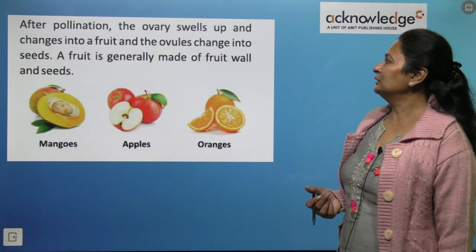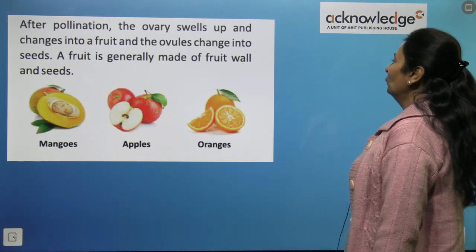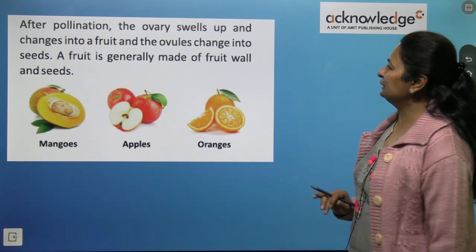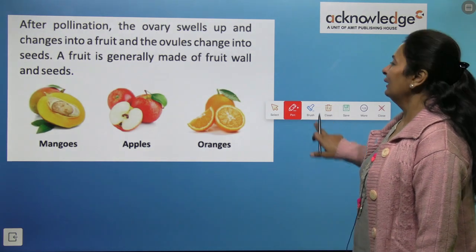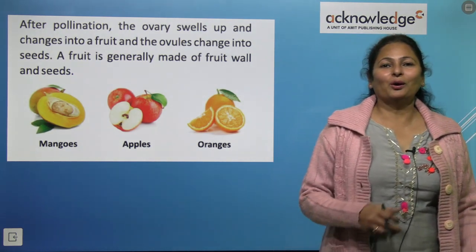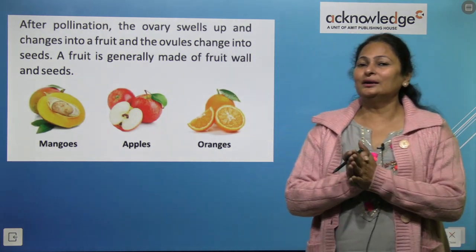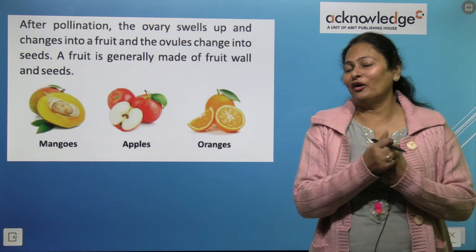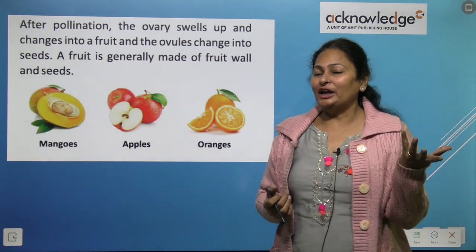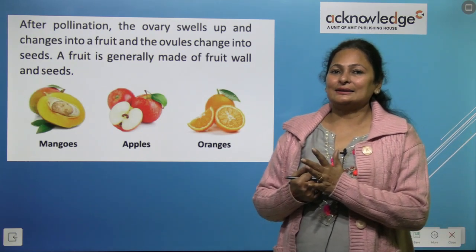After pollination, the ovary swells up and changes into fruit, and the ovules change into seeds. A fruit is generally made of a fruit wall and seeds. That is why we have learned that some of the flowers change into fruit in the earlier classes.